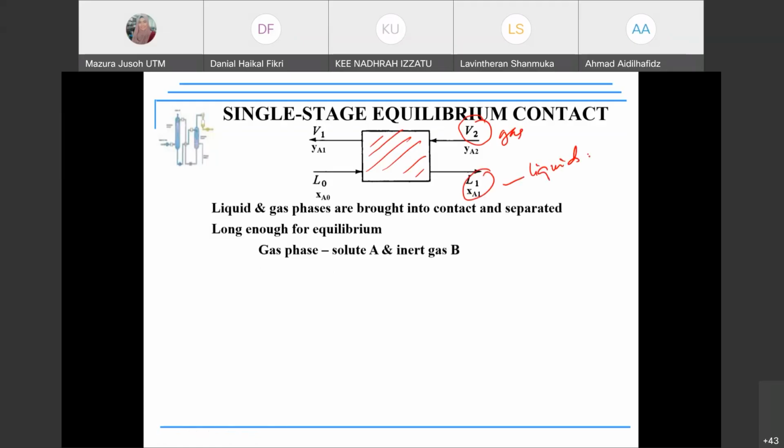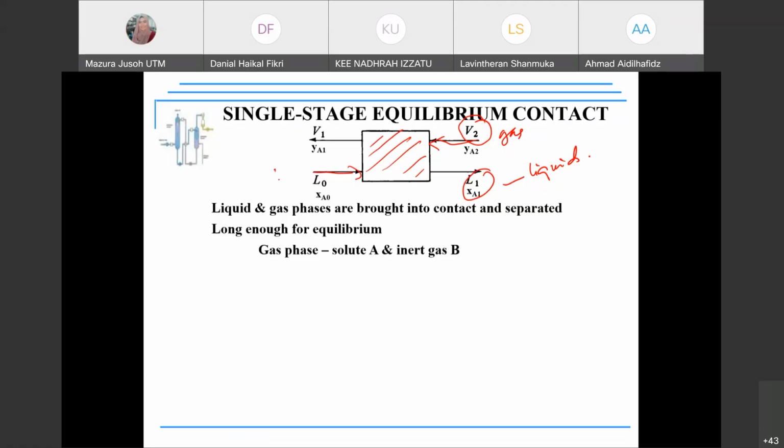So you have the mixture for absorption. Is the mixture in the liquid or gas phase? Have you been listening to me? For absorption, where is your mixture? Gas, right? So you have a mixture of gases coming in, and you put the solvent in a countercurrent mode. It can be co-current, but usually it's done in countercurrent.